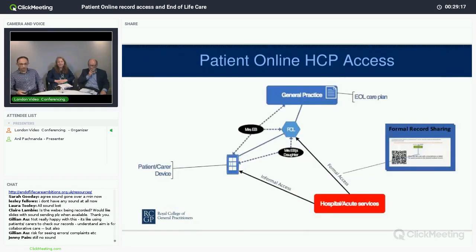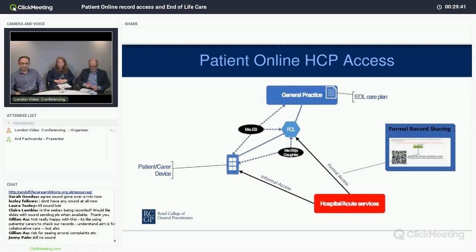Throughout this, we've talked about sharing this information and how patients share this information. Often it's overlooked, but all of the current GP practices and the GP system vendors have a method of sharing that online access in either a formal or informal way.